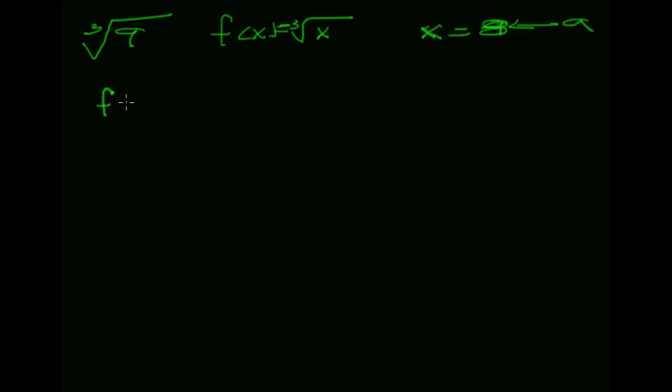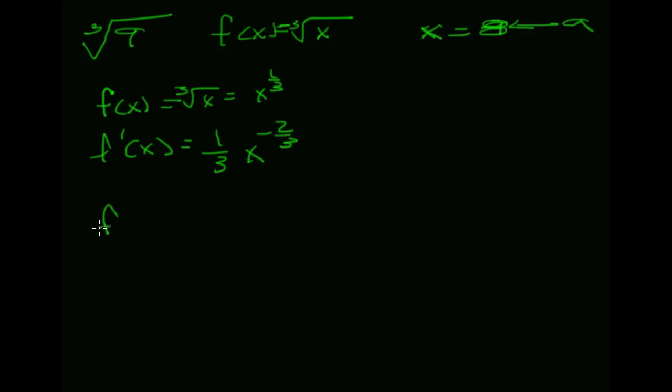All right, so I need f of x is the third root of x, which is also x to the 1/3 power. f prime of x is going to be 1/3 times x to the negative 2/3. f double prime of x, well, negative 2/3 times a third is negative 2/9, times x to the 2/3 minus 3, which is negative 5/3.